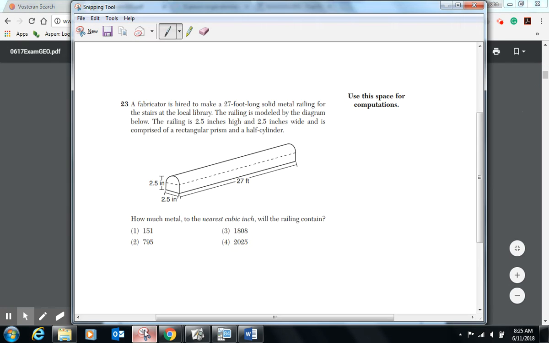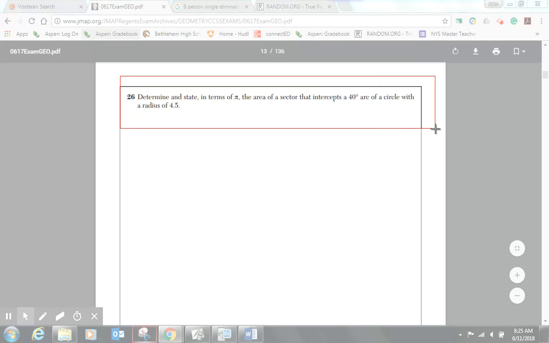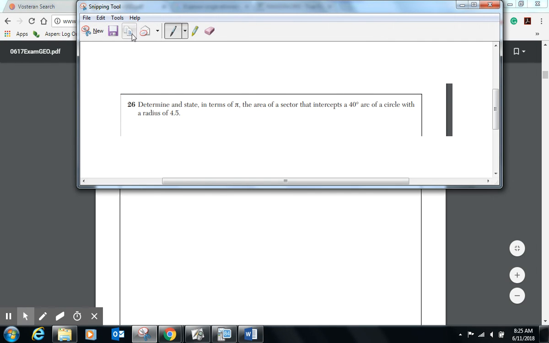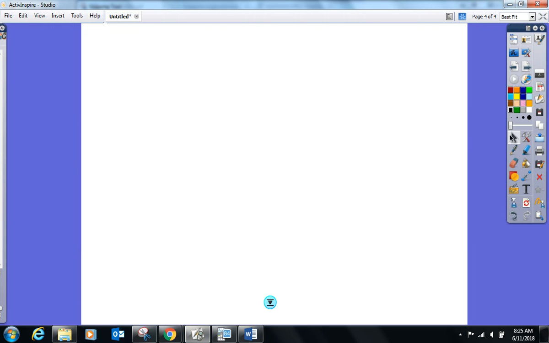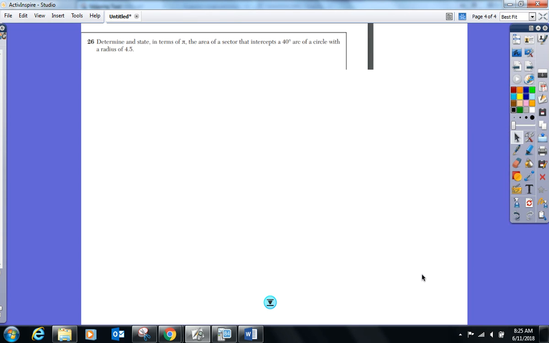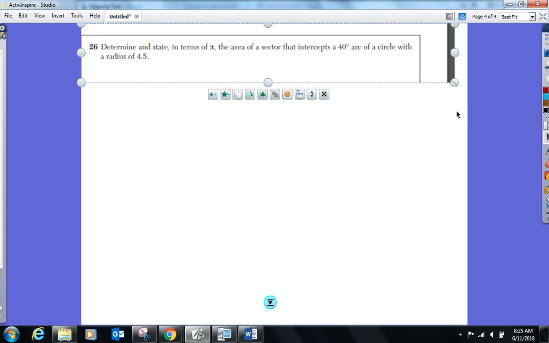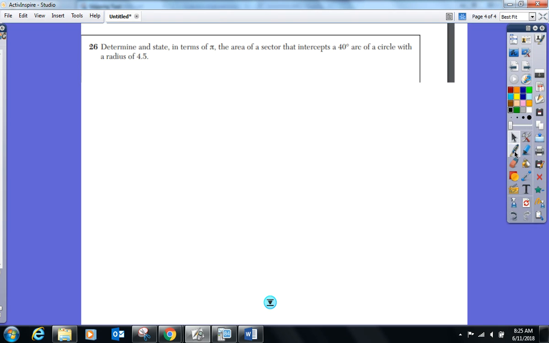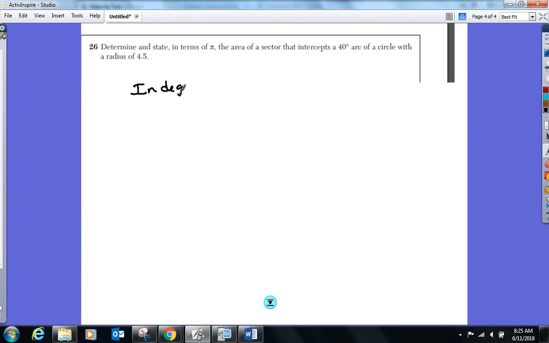Okay, this is a formula we're going to come in knowing. It's also on your cold hard fact sheet. Area of a sector. I'll review both formulas right now. There are two formulas, one in degrees and one in radians.